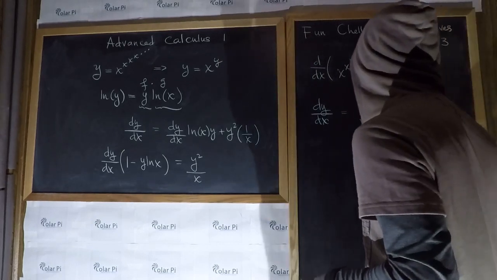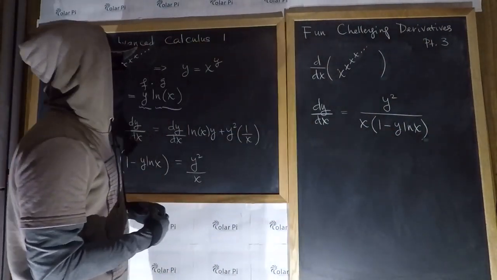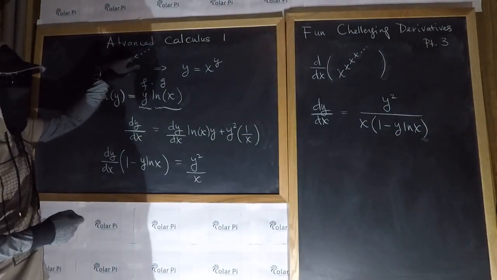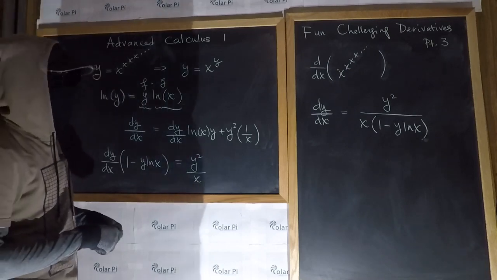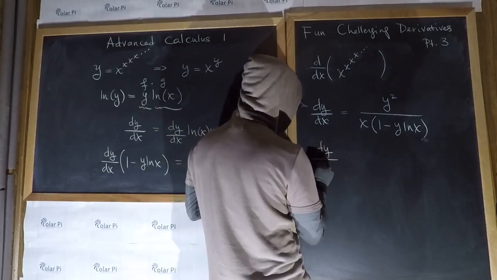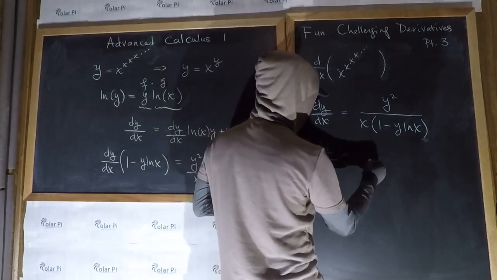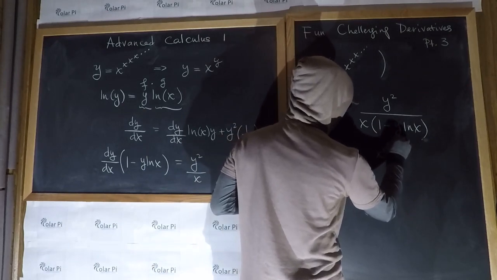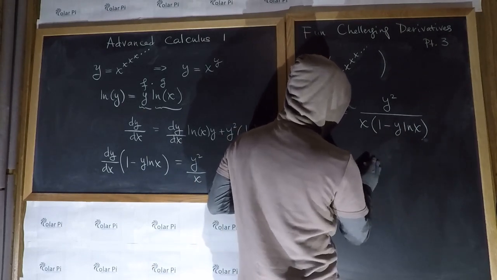Okay. Now, remember, y is equal to x to the x to the x to the x ad infinitum. And so then our final answer is going to be dy dx is equal to x to the x to the x ad infinitum squared.